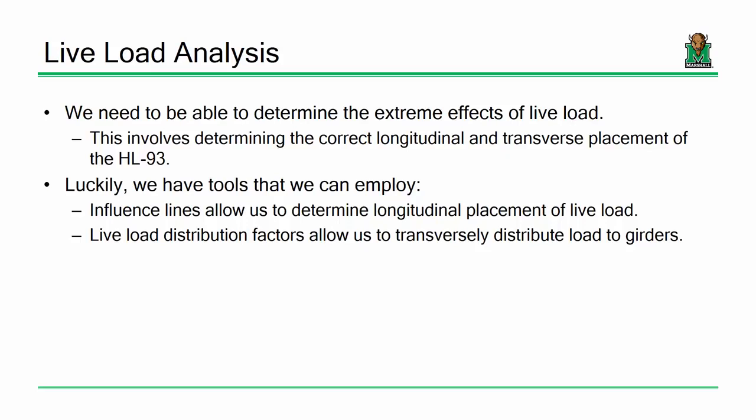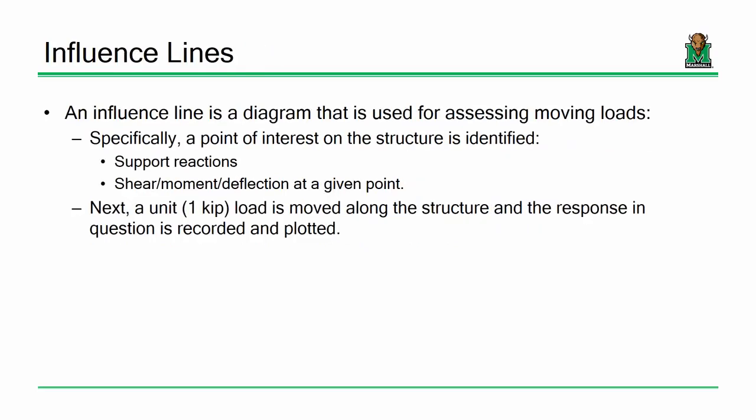Because at a given point, we're going to have a potential range of forces that we can see, a possible maximum positive value and a possible maximum negative value. That'll become clear here in a second, and that primarily results through longitudinal placement. Now, in order to do that properly, that's where influence lines come into play. So what's an influence line?